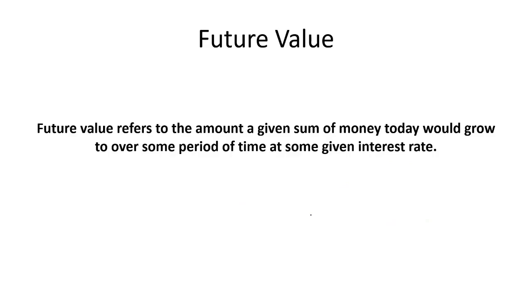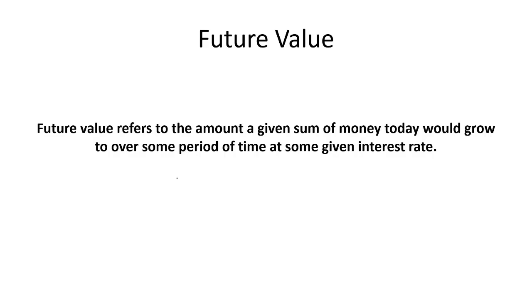Future value basically refers to the amount a given sum of money today would grow to over some period of time at some given interest rate. In our example, our 100 rupees, which is today's value, grows into 140 rupees if it earns 8% per annum as simple interest.